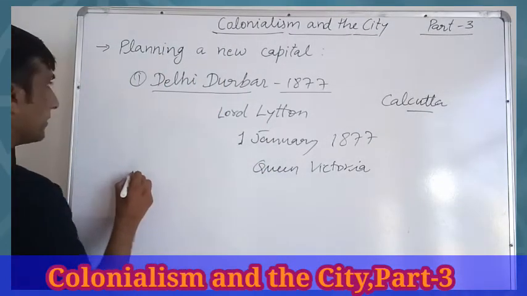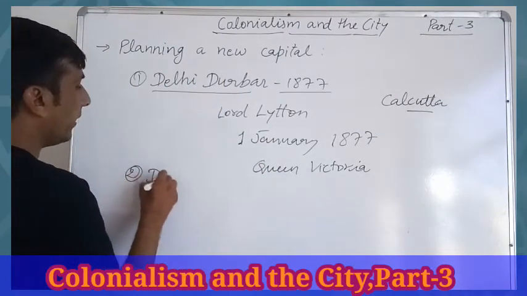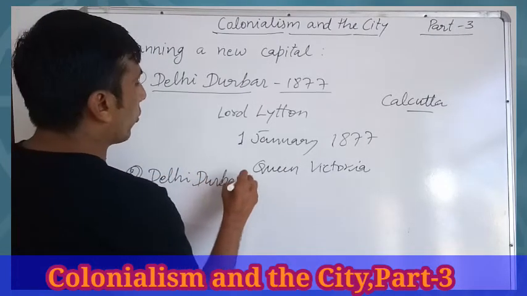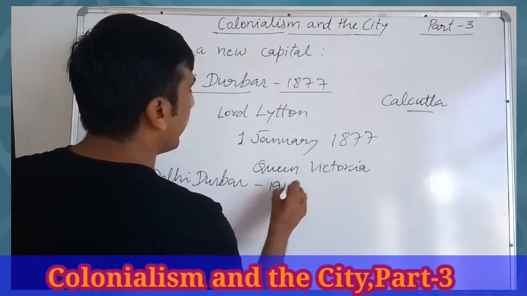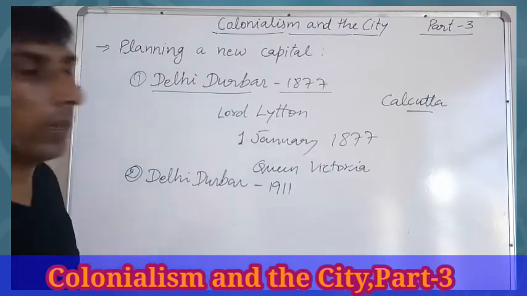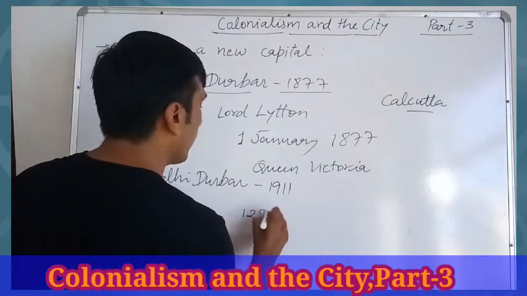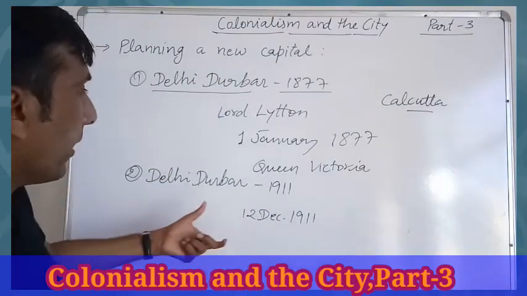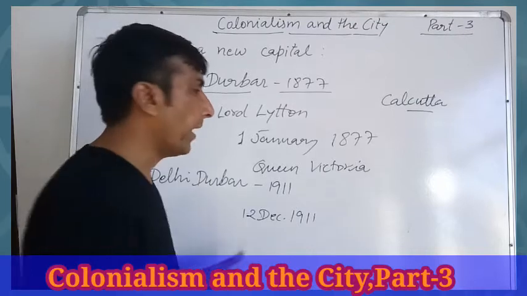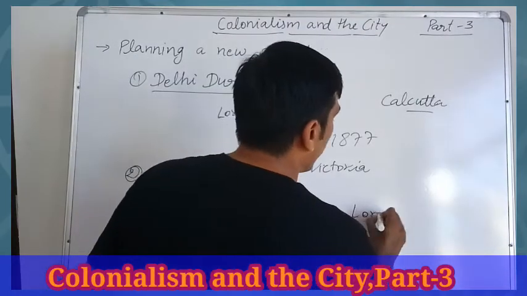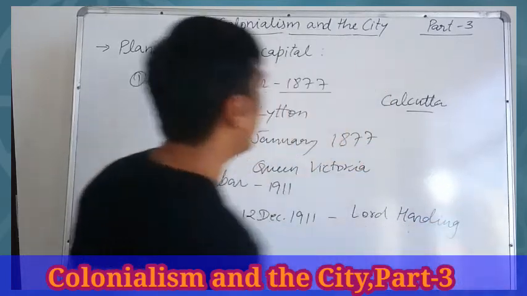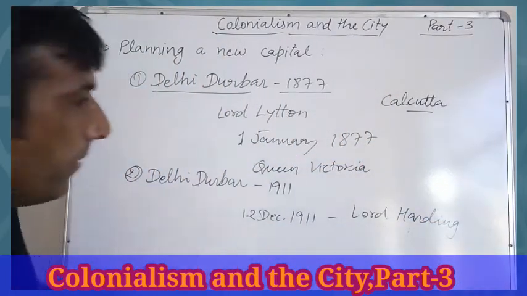The second one is the Delhi Darbar, or coronation, of 12 December 1911. This Darbar was organized by Lord Hardinge, who was the Viceroy of India at that time.